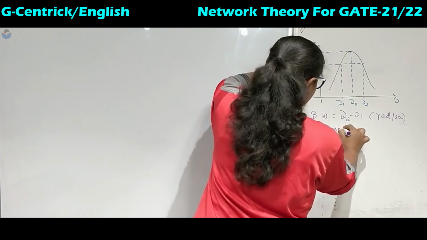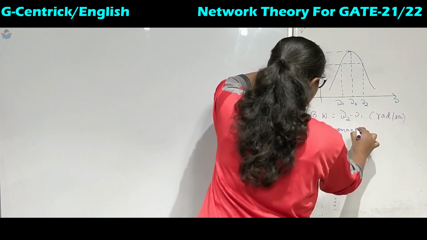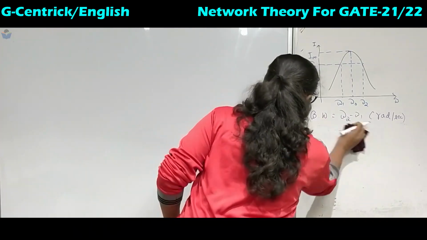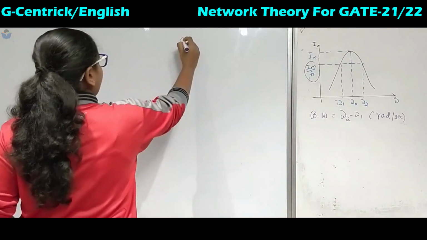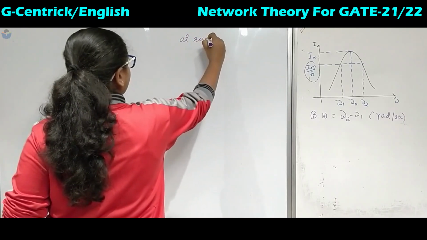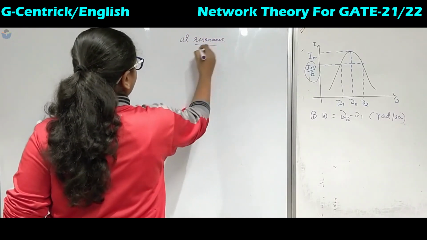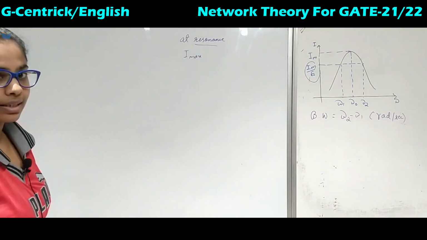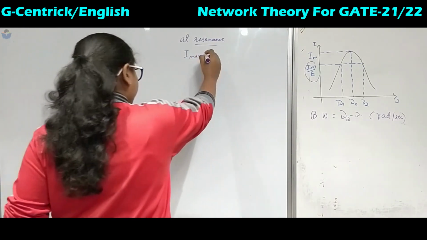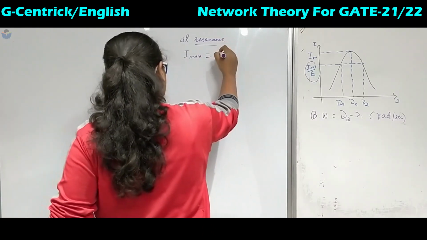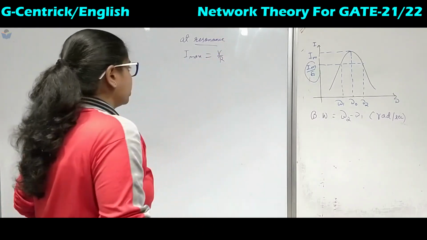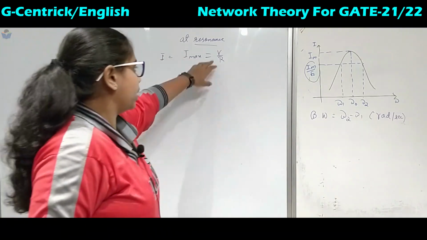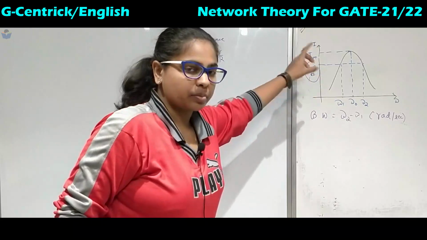Now at resonance, what will happen? At resonance, what will be maximum? Current will be maximum. So let me write it over here. At resonance, I will be maximum, so you can write I max as equal to V upon R. I max will be maximum at resonance.